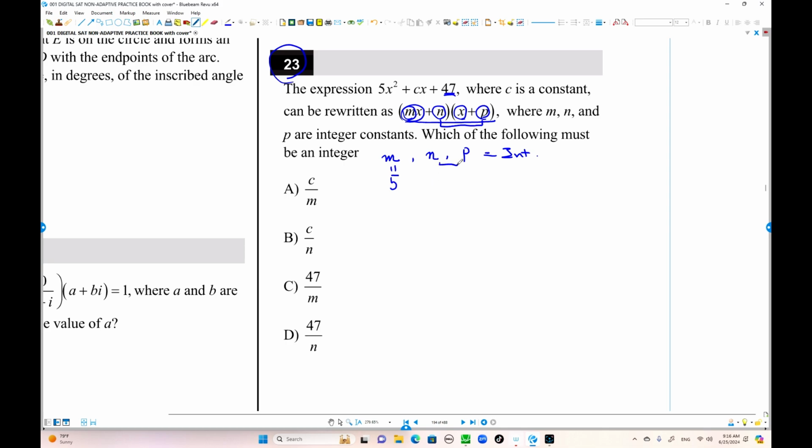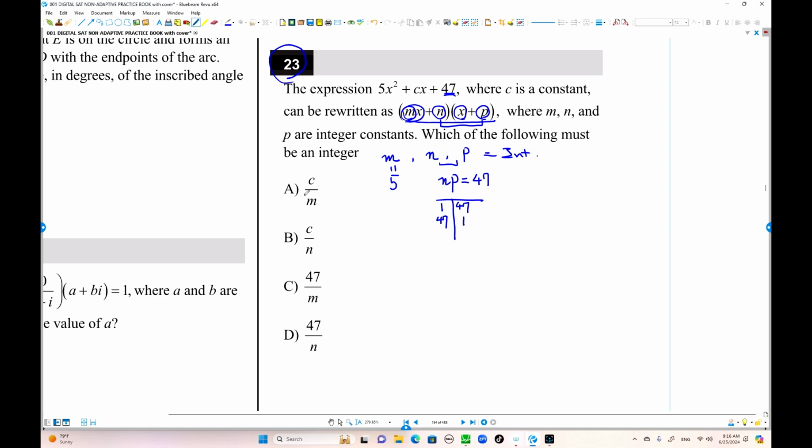So np equals 47. For example, they are integers, right? If n is 1, p is 47. If n is 47, p equals what? 1 or negative also, okay? Anyway, they are integers.